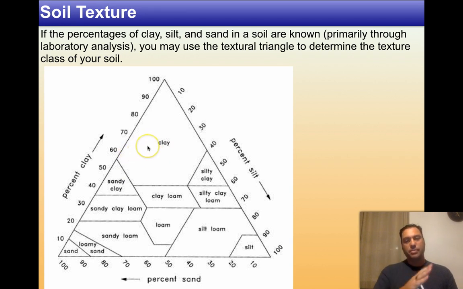You can ball it up and do all kinds of interesting things with clays. So here would be the clay sector, and it dominates this whole apex of this ternary diagram. So if you know the amount of silt, sand, and clay, you can describe it as one of these textures, silty clay, sandy clay loam, or whatever. And every soil scientist in the world would be able to look at this chart and know exactly what it is that you're trying to describe.